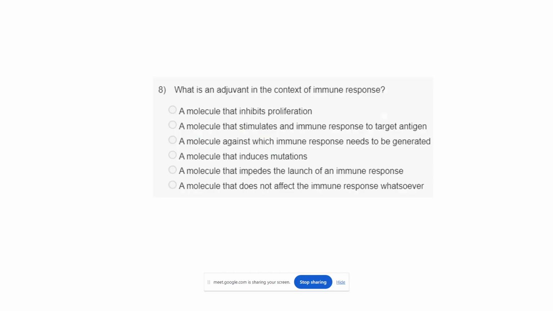Moving on to the next question. What is an adjuvant in the context of immune response? Option 2. Second option. Okay.